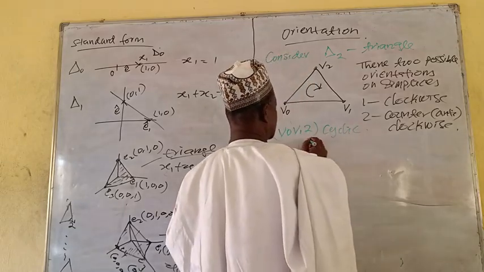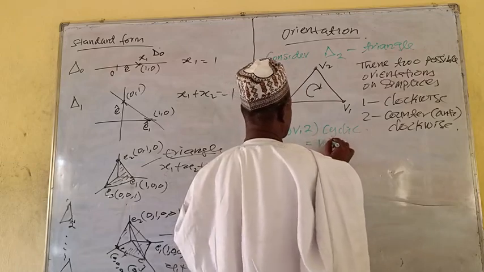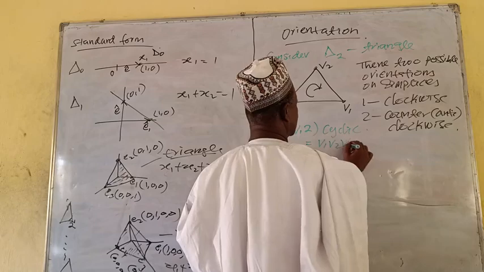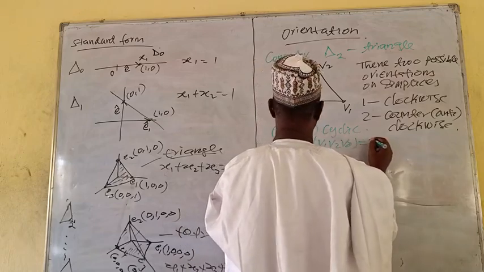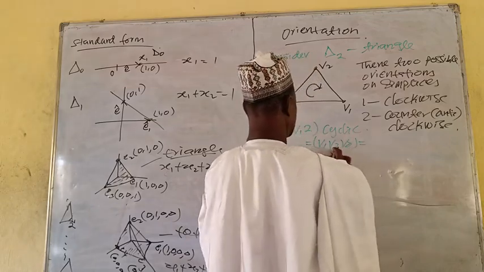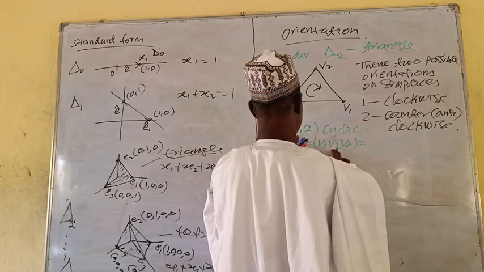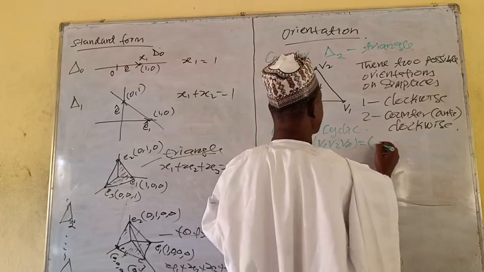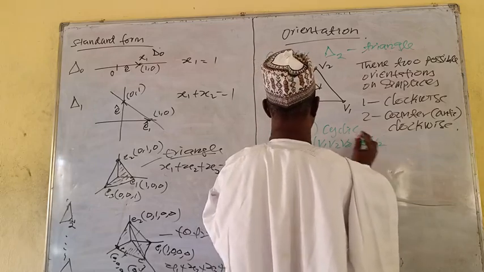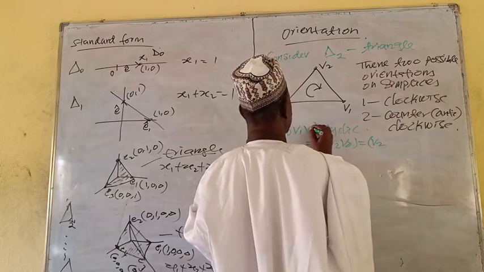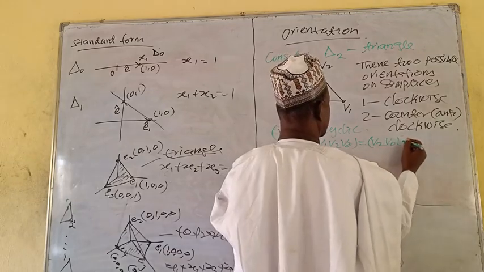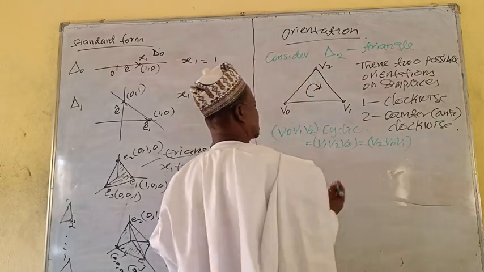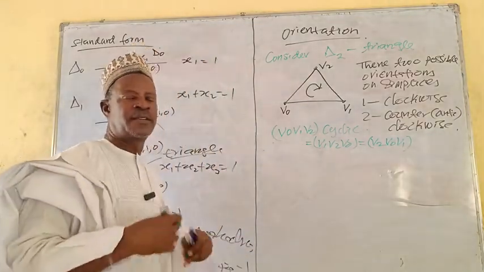Meaning that this is the same as B1, B2, B0, which is also the same as B2, B0, B1. Sorry, I wrote 2 here. Yeah, they are all the same in a cyclic representation.